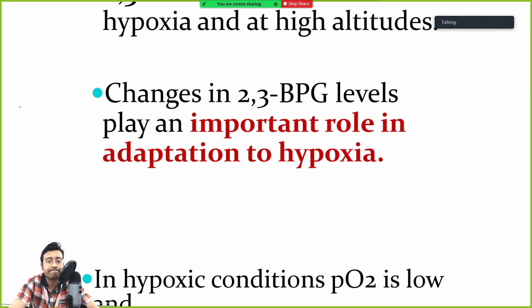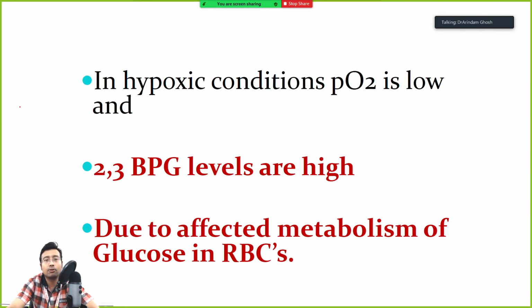Okay. So in hypoxic condition, 2,3-BPG levels will become high due to affected metabolism of glucose in the RBCs. Same thing, glucose metabolism will be hampered or modified. Why? Low oxygen, so anaerobic metabolism of glucose will be favored. Glycolysis will be favored over the TCA cycle and electron transport chain.